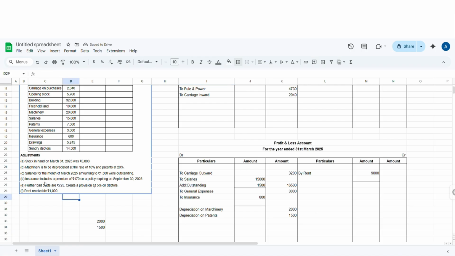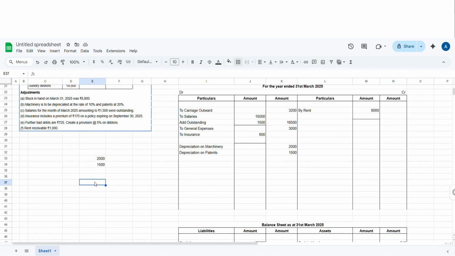Next we have insurance includes a premium of 170 on a policy expiring on September 30, 2025. It means we have taken the insurance on 1st October 2024 and it expires on 30th September 2025 because an insurance policy is usually 1 year.